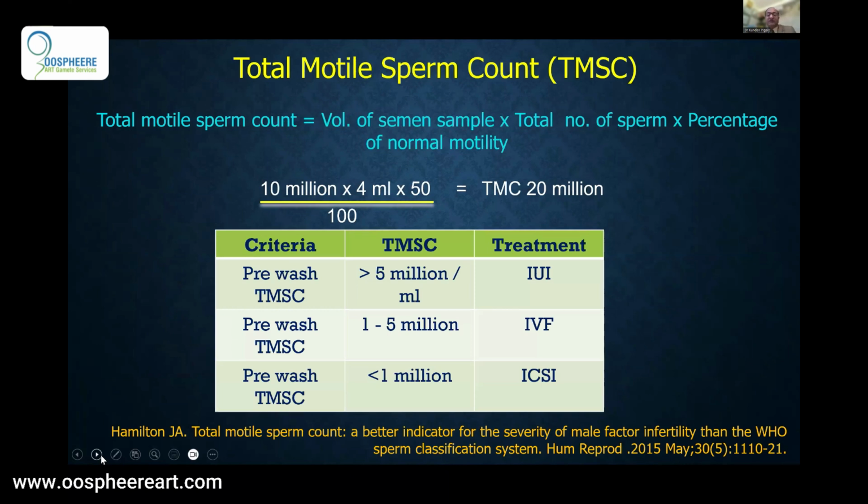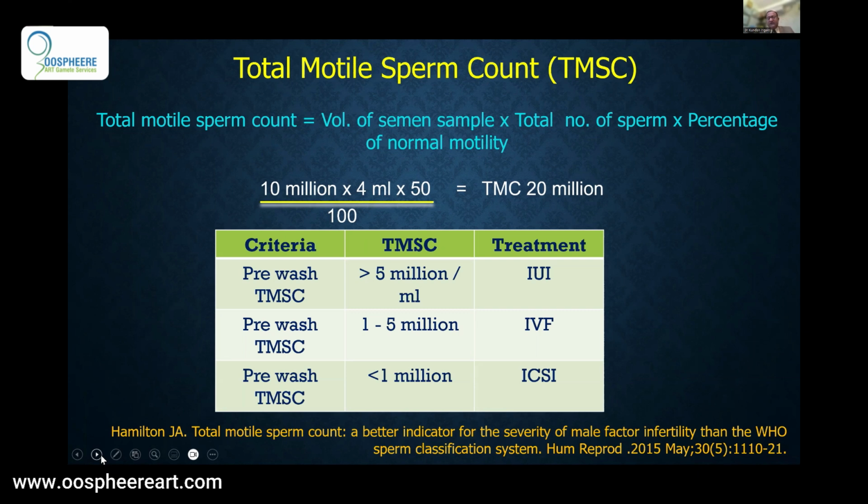But this is something I want you to learn today: whenever you look at semen analysis to diagnose male infertility, and you want to decide what treatment you can offer, whether IUI or IVF, this decision has to be based on total motile sperm count. Let me explain how it is important.